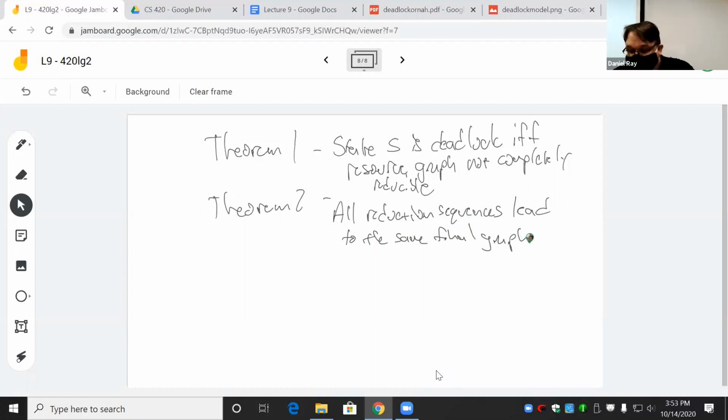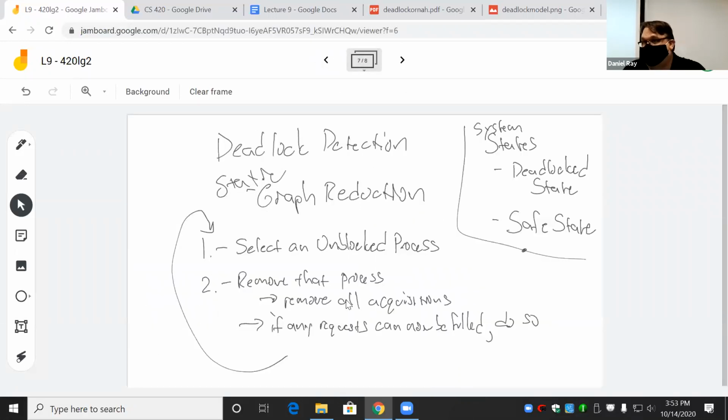Now, I don't provide a proof here, but notice that the fact that that theorem is true is what makes this graph reduction so powerful, because it does not matter which unblocked process I pick first.